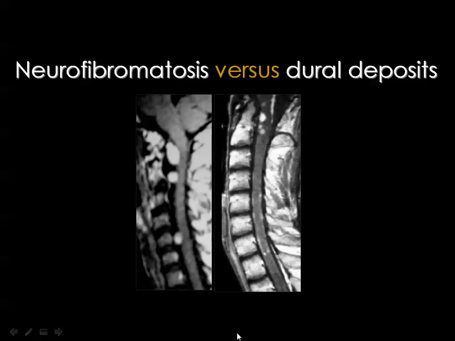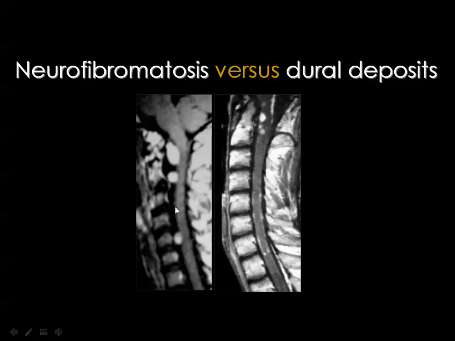And then you have to differentiate between multiple neurofibromas, which are located in the subdural space, and the dural or leptomeningeal deposits. But the difference is the neurofibromas are masses within the subdural space.